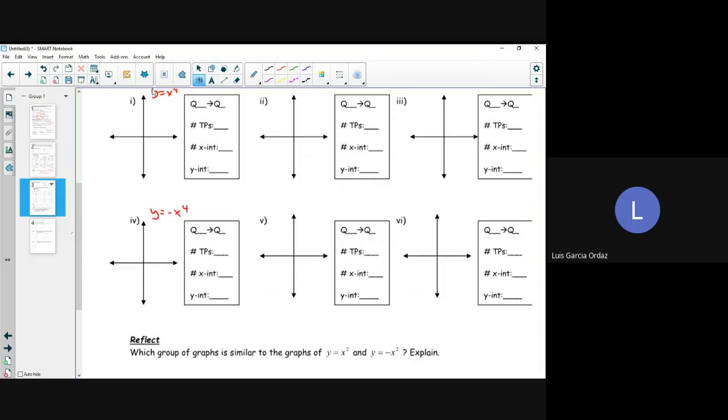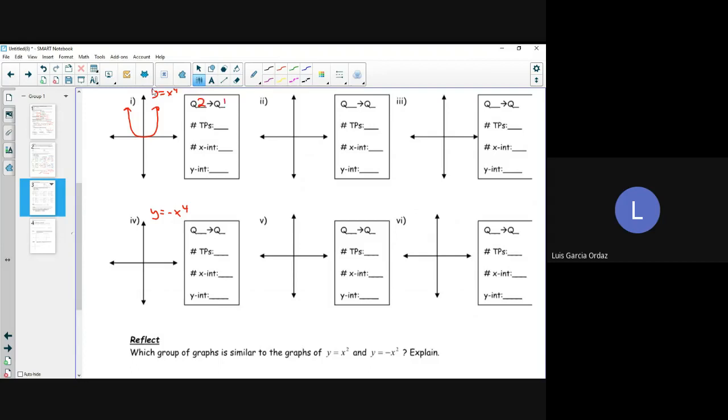From our graphs before, what does y is equal to x to the 4 look like? Like a big, exaggerated U. And what quadrant does it start and what quadrant does it finish at? 2 and 1. Remember 1, 2, 3, 4. Goes from 2 to 1.